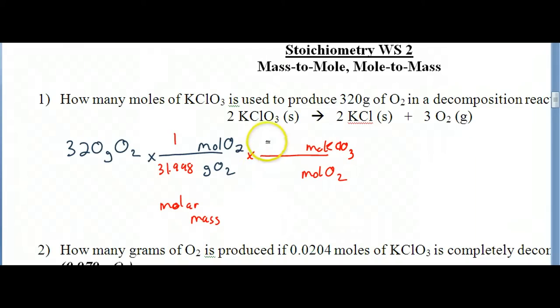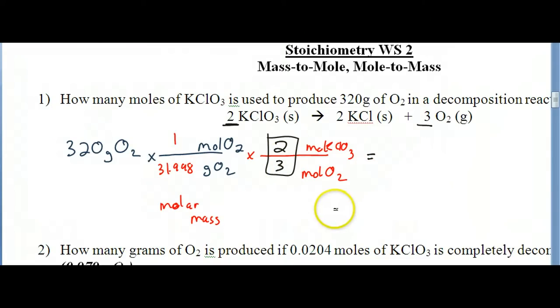And now I need that new true statement to solve this problem. How do I go from moles of something to moles of something else? How many wheels do I need for a bicycle? How many wheels do I need for a tricycle? That number to number ratio is what I'm looking for, and that's what this number is here. 2 moles of KClO3 will produce 3 moles of oxygen.